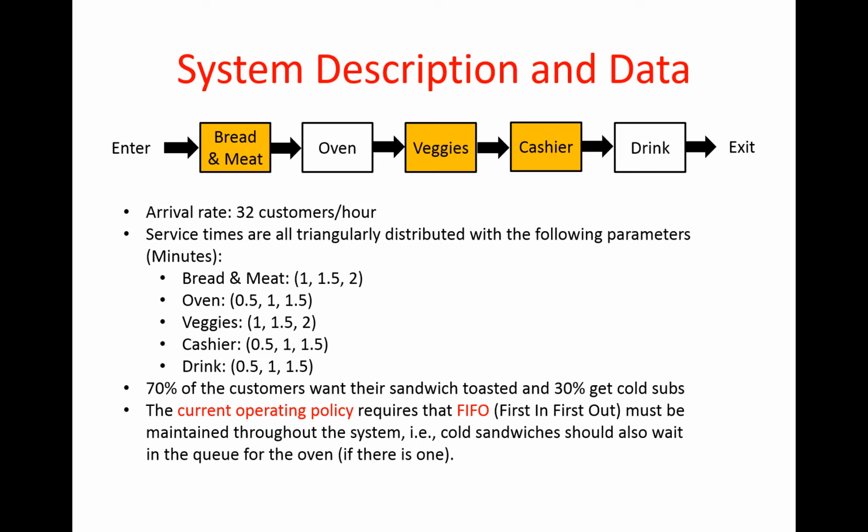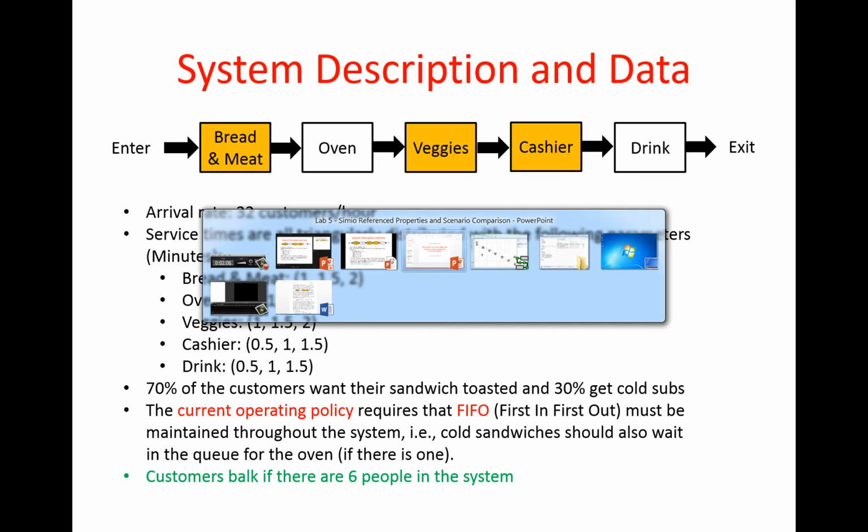So, in other words, customers that want cold sandwiches cannot pass those that are waiting in the oven station to have their sandwich toasted. And also we have bulking, and whenever customers arrive, they'll look at the number in the system, and if there are more than 6 people in the system, they will bulk.